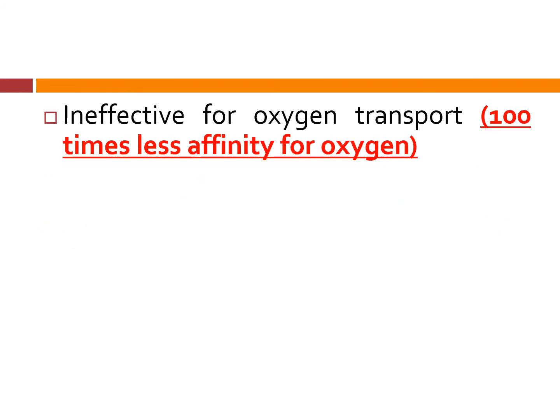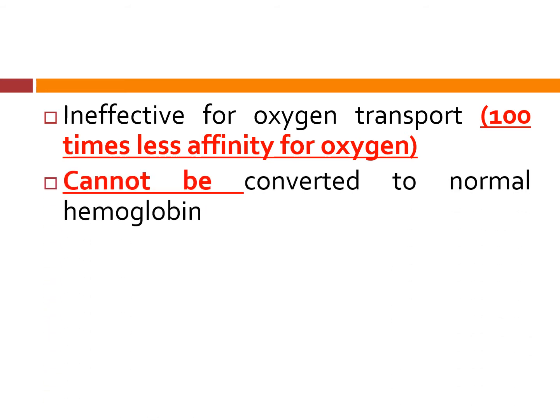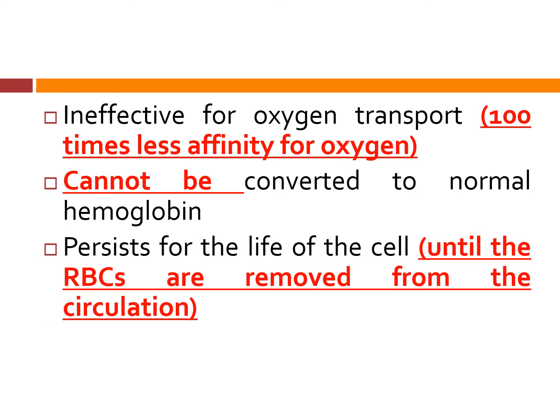The characteristic of this kind of modified hemoglobin is that it is ineffective for oxygen transport, with 100 times less affinity for oxygen. And it cannot be converted back to normal hemoglobin like your methemoglobin. Methemoglobin can be reverted back to normal hemoglobin through the enzyme, but sulfhemoglobin cannot be converted back.